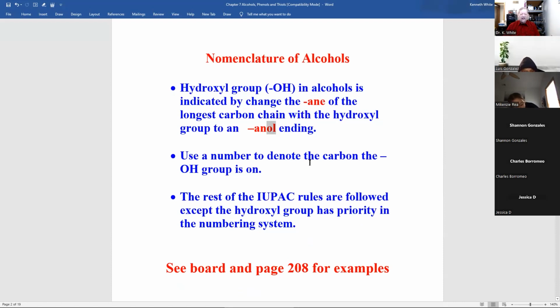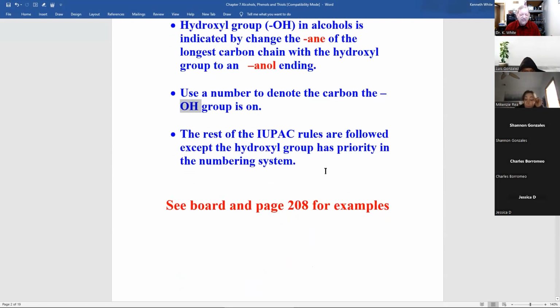And for acyclic, use a number to denote which carbon the hydroxyl group is on. And in alcohols, that always gets the highest priority, the lowest number. And the rest of the alkyl groups follow the IUPAC rules we've already done. But remember, the hydroxyl group has highest priority, which means it gets the lowest number.